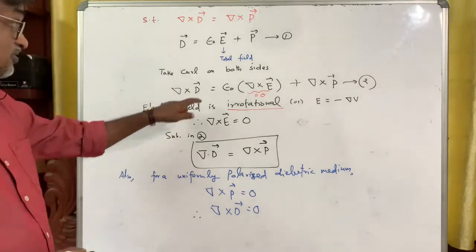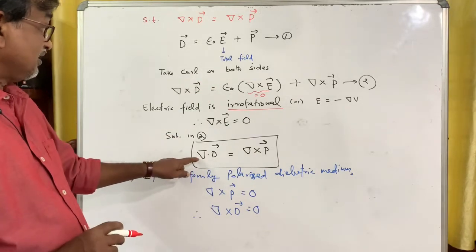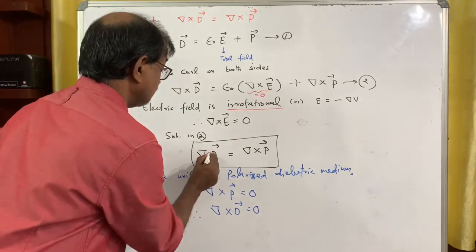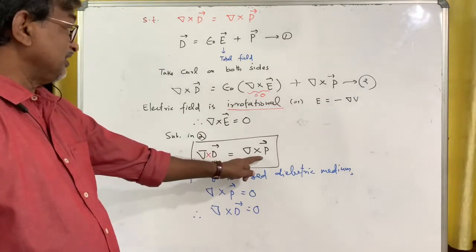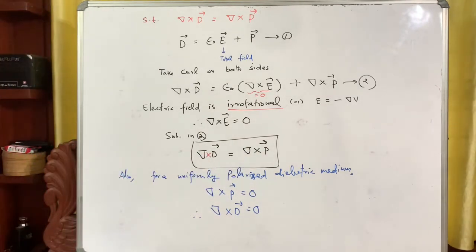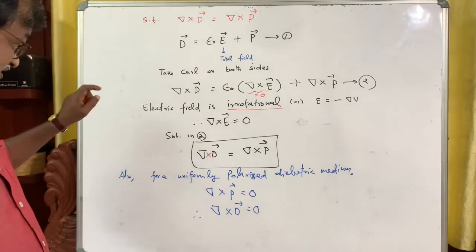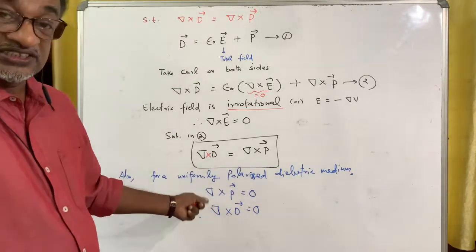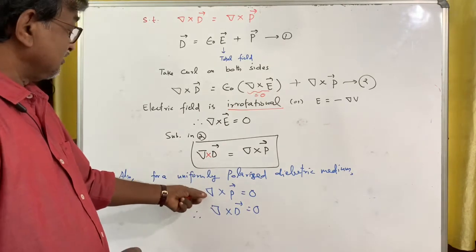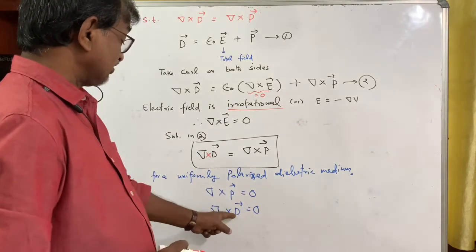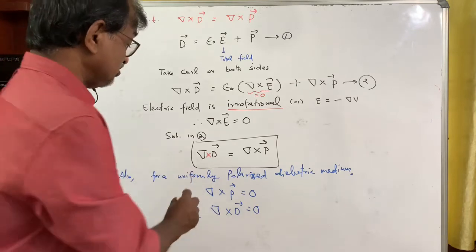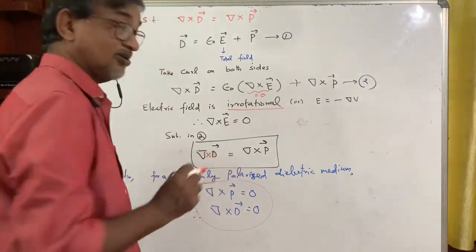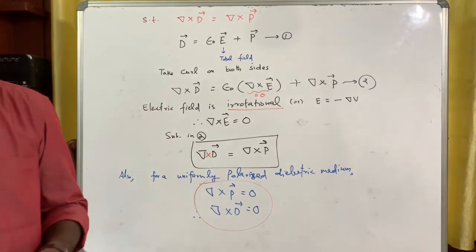Substituting in 2, you get del cross D equal to del cross P. So we are getting the result. For a uniformly polarized dielectric medium, these two equations are also correct. That is, del cross P is equal to 0 and del cross D equal to 0. You just remember these two equations also.